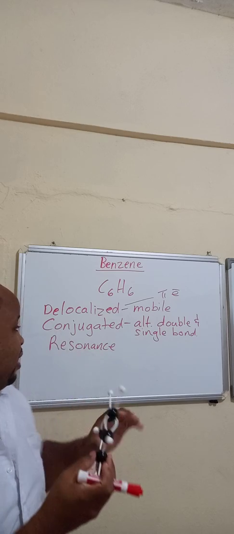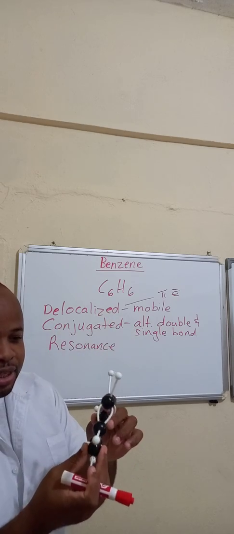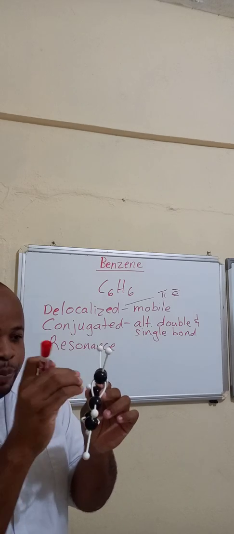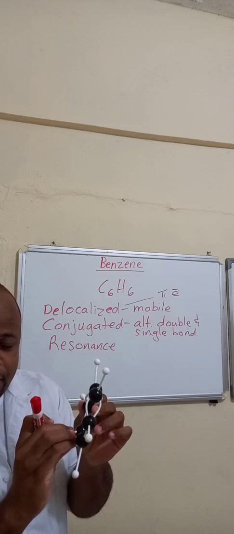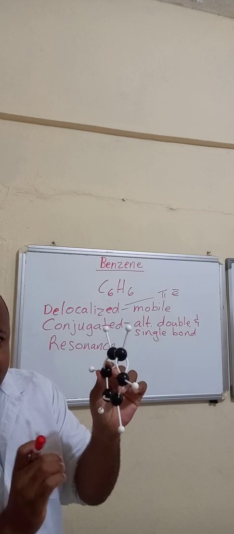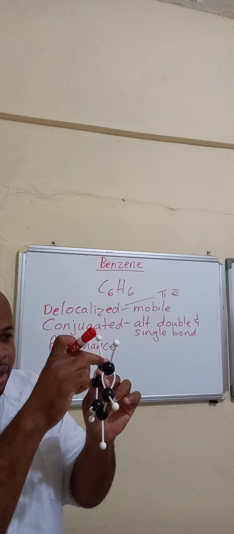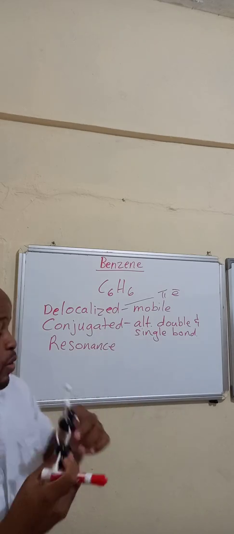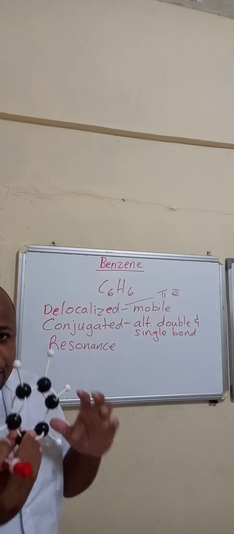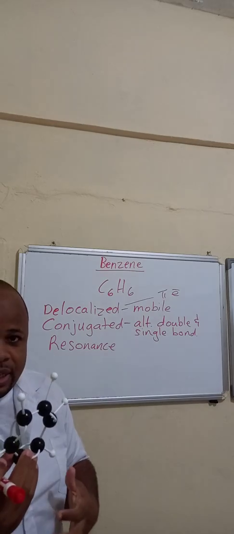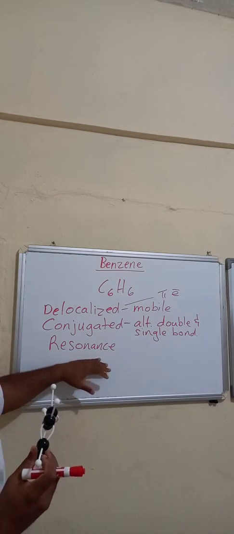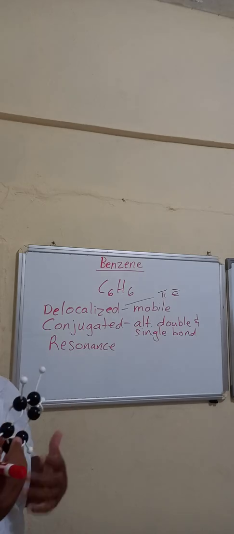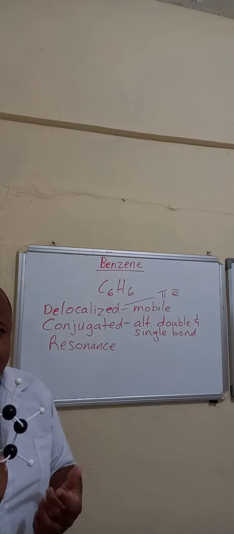So it could look like this, or I could draw another one where the double bonds are in the other positions. When more than one structure is being represented, that is where resonance comes in. So benzene has more than one resonance structure.